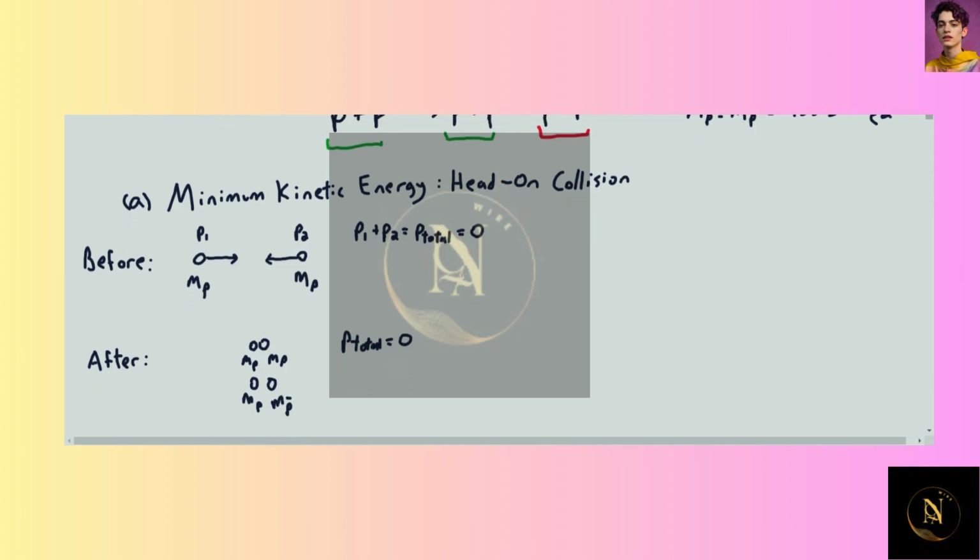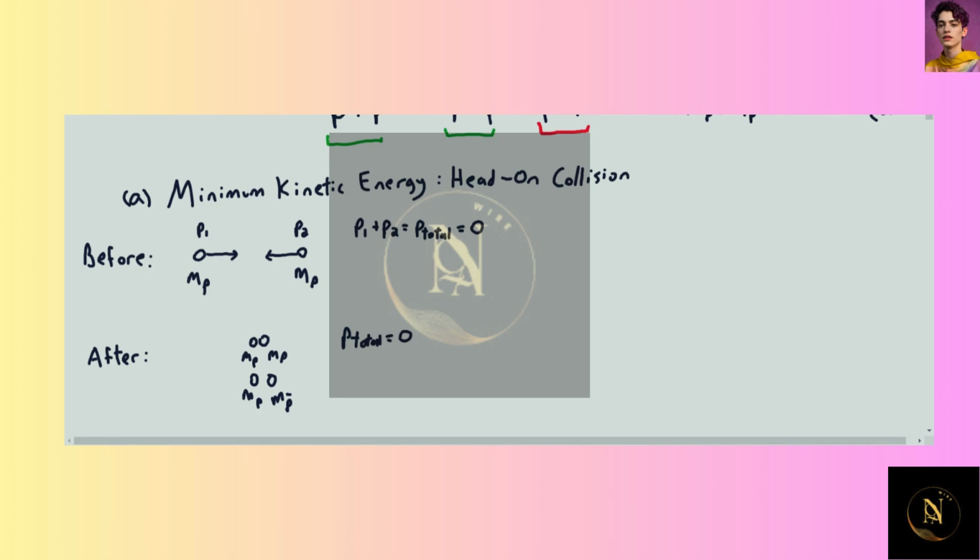In the first case, for the head-on collision, the masses are equal. They have equal and opposite momenta, so the whole thing comes to a stop. All the available energy goes into the creation of the new particles. There's no kinetic energy left over.